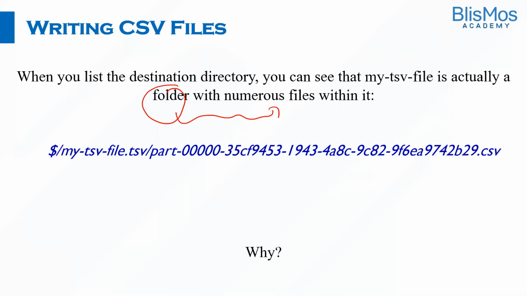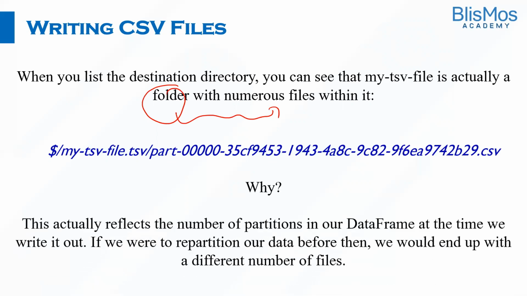The reason is, remember, when we created the DataFrame, Spark takes an educated guess and creates the number of partitions as a part of the DataFrame, so that it can be distributed across the different executors and processing can happen in a distributed way.